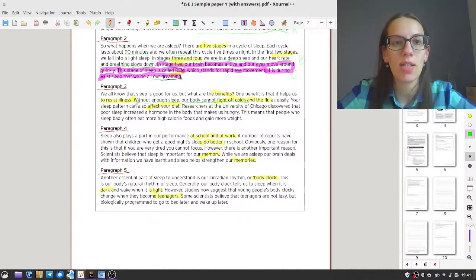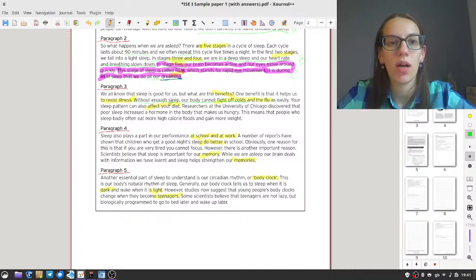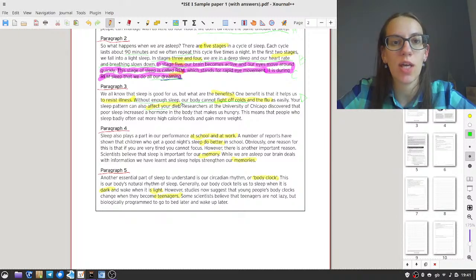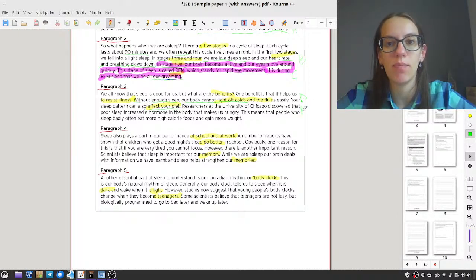Your sleep pattern can also affect your diet. Oh, sorry, I didn't put the letter here. So this was information about D. Now, affecting your diet, this is already E. We are talking about statement E.